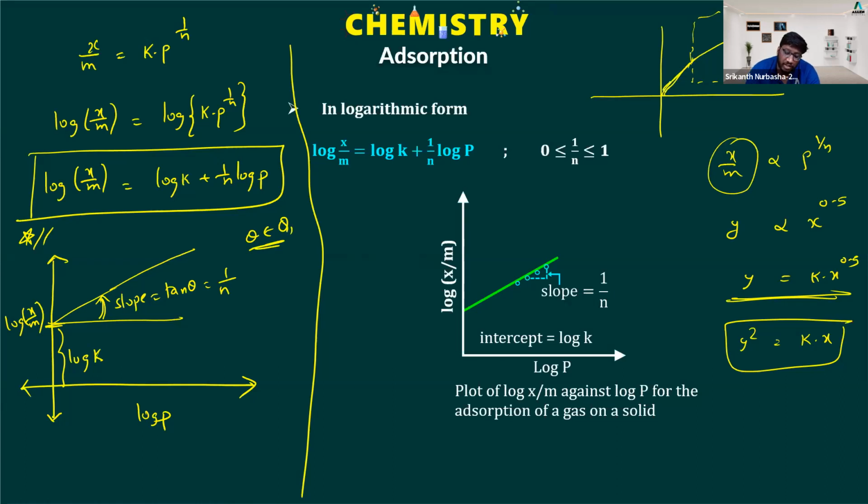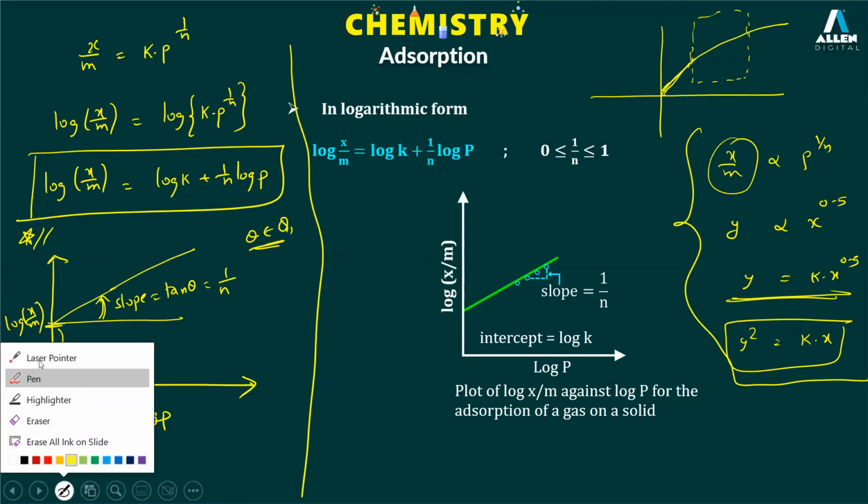Up until here we have a straight line. After that it looks like some curve. The equation of that curve we have to write down in mathematical terms. It has been given as y, which is x by m, directly proportional to x, which is pressure, so p power 1 by n, and the 1 by n value can lie between 0 and 1. If you take it as 0.5, then it looks like a parabola. Understood? Yes.